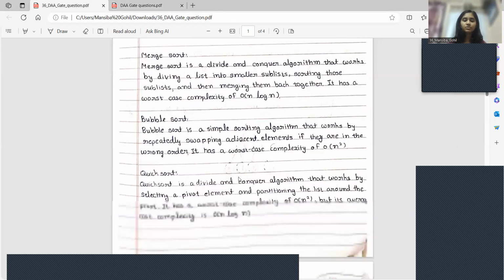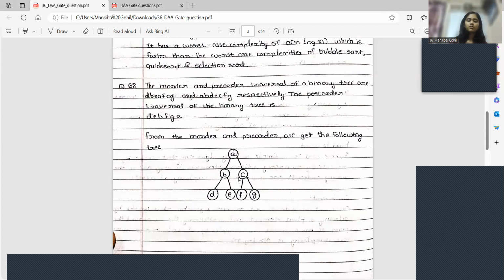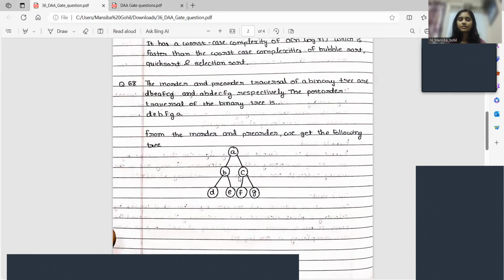So we need to remember something. There are three traversal rules. If it is pre-order, then it will be root, left, right.